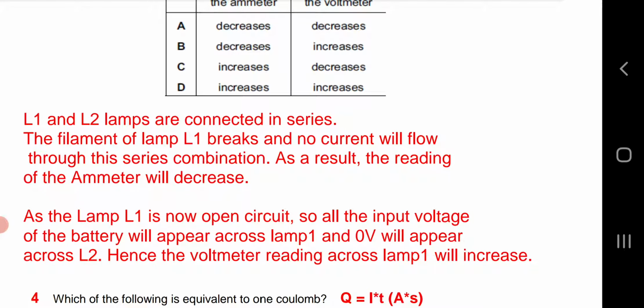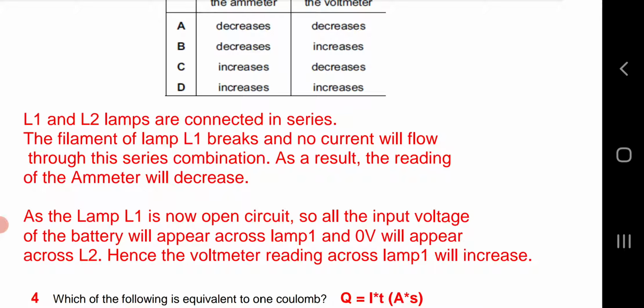Lamp L1 and lamp L2 are connected in series. The filament of lamp L1 breaks and no current will flow through this series connection. As a result, the reading of the ammeter will decrease. In fact, the ammeter in this case will show zero current. As lamp L1 is now open circuit, all the input voltage of the battery will appear across lamp L1 and 0 volt will appear across L2.